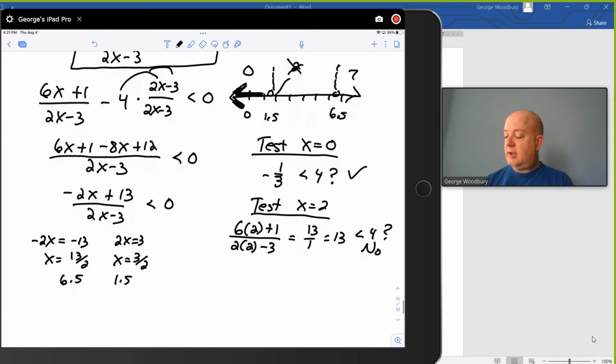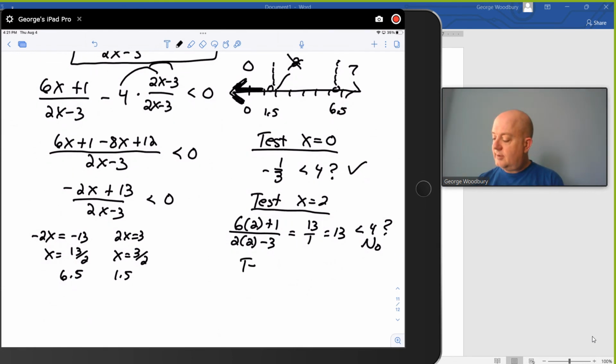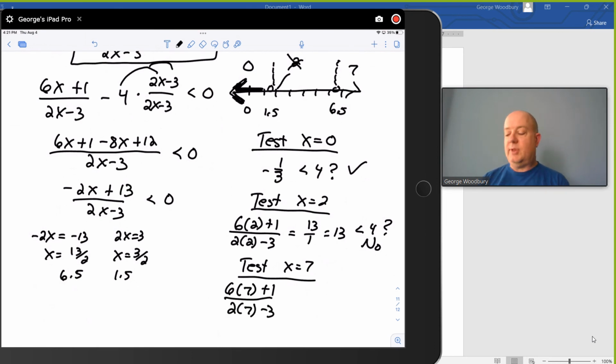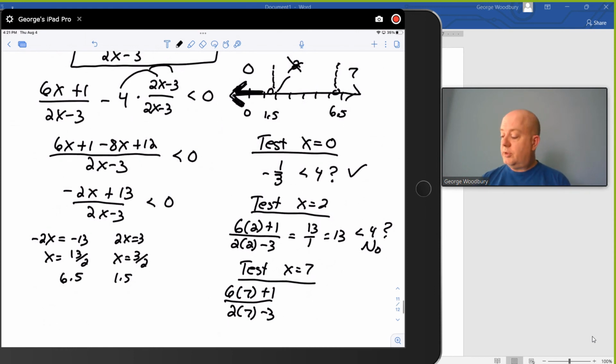I'm going to check x equals 7 last. Substitute in 7, I get 6 times 7 plus 1 over 2 times 7 minus 3. This one's a little more challenging. The numerator is 43. The denominator is 11.